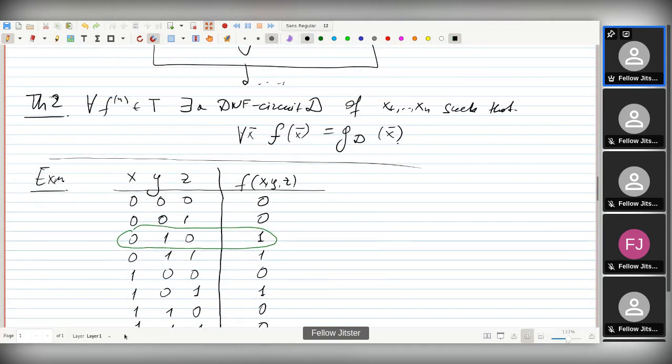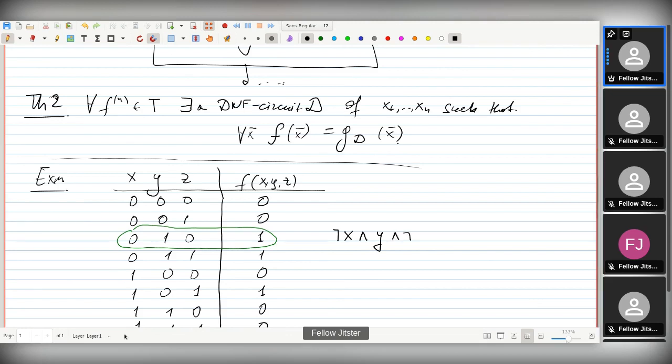Which one? I will take x here with a negation. Why negate x? Because we have 0 here. Then I'll add y, but without negation, because here we have 1 for y.